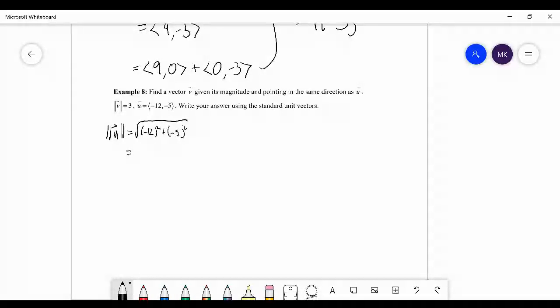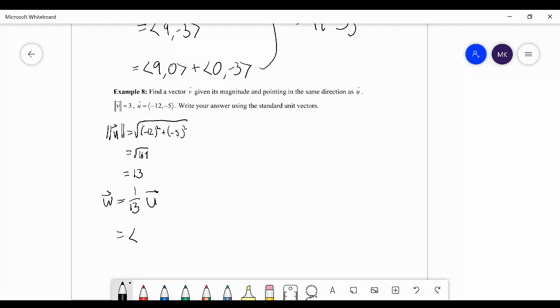So 12 squared is 144 plus 25 gives us 169. The square root of 169 is 13. So that means the magnitude of u is 13. So let's say the vector w is equal to 1/13 u, the vector u.